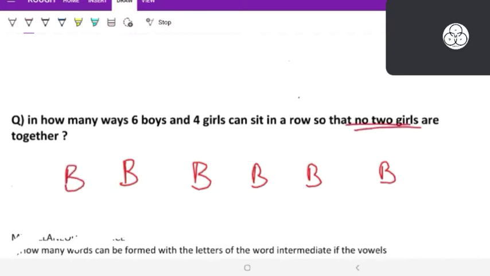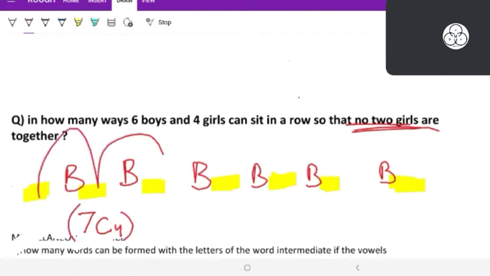And no two girls are together means that we can place the girls anywhere in between the boys. In this scenario, the girls will not be together. So how many places are there for the girls? 7 places. And how many girls are there? 4. This is 7 choose 4.